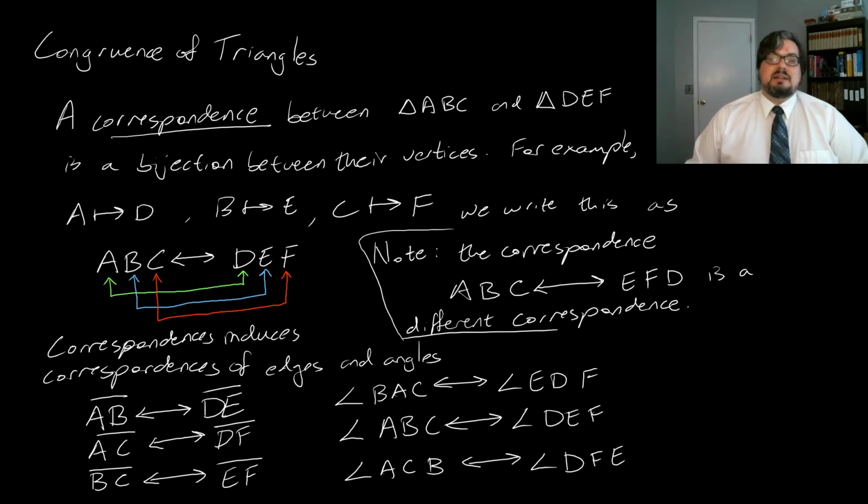So a correspondence between triangles induces 6 separate correspondences, 3 between sides and 3 between angles. And when all of those correspondences are between 2 things that are congruent, either 2 segments that are congruent or 2 angles that are congruent, we're going to say that the correspondence between triangle ABC and triangle DEF is a congruence.